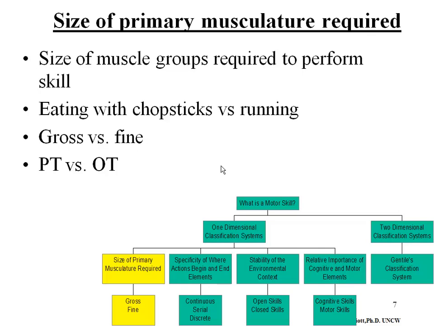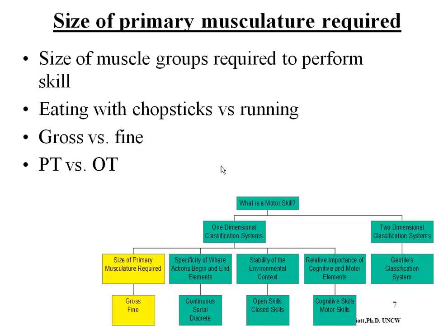An interesting way to think about this is to consider physical therapy versus occupational therapy, and these two areas actually use this classification system quite a lot. For example, physical therapists typically work with patients who need to work on gross motor skills, walking, etc., whereas occupational therapists typically work with patients working on learning or relearning fine motor skills.